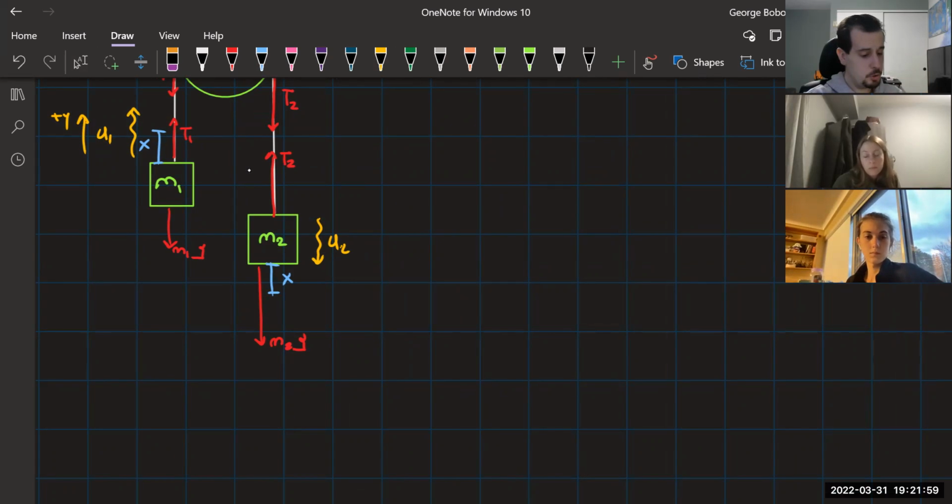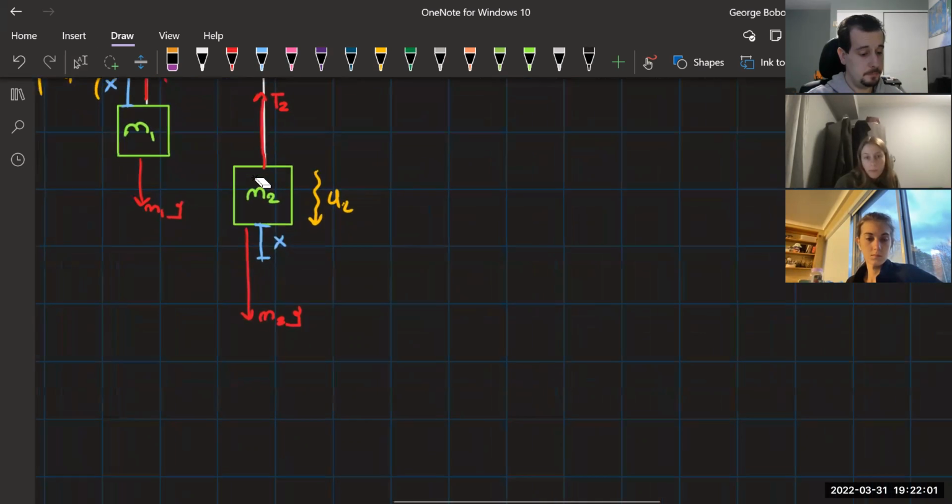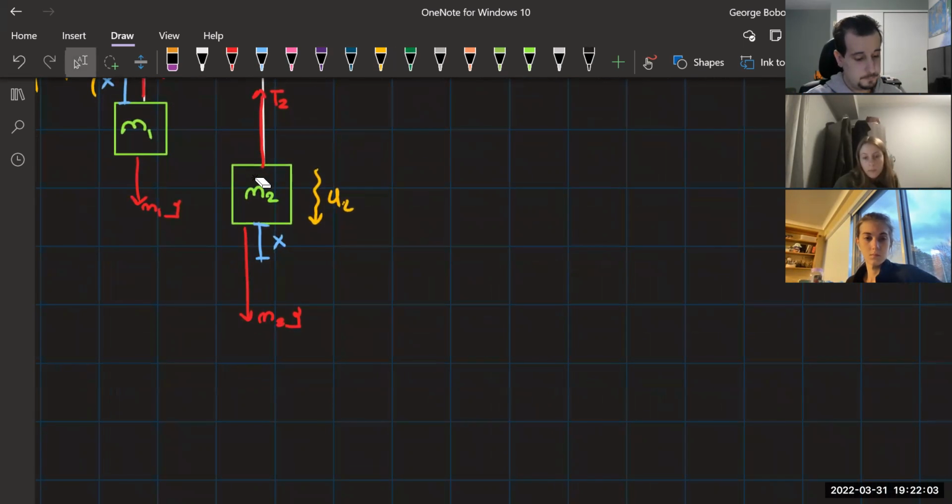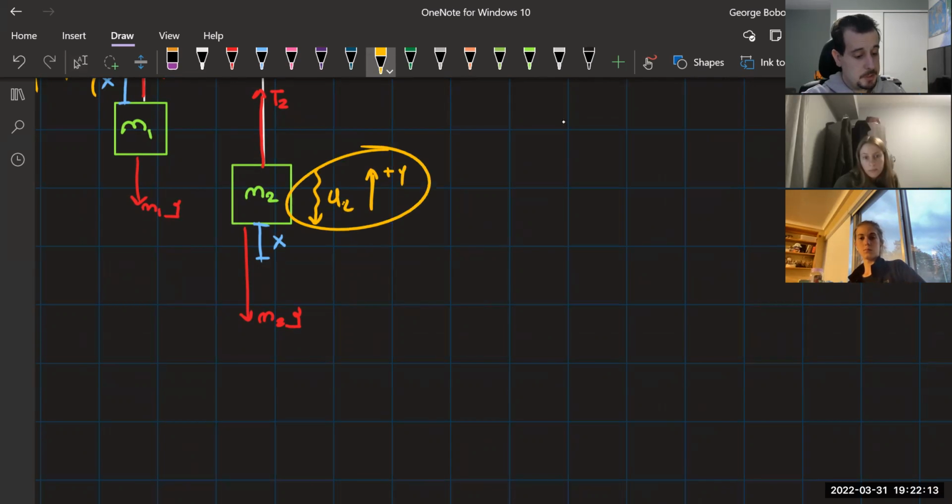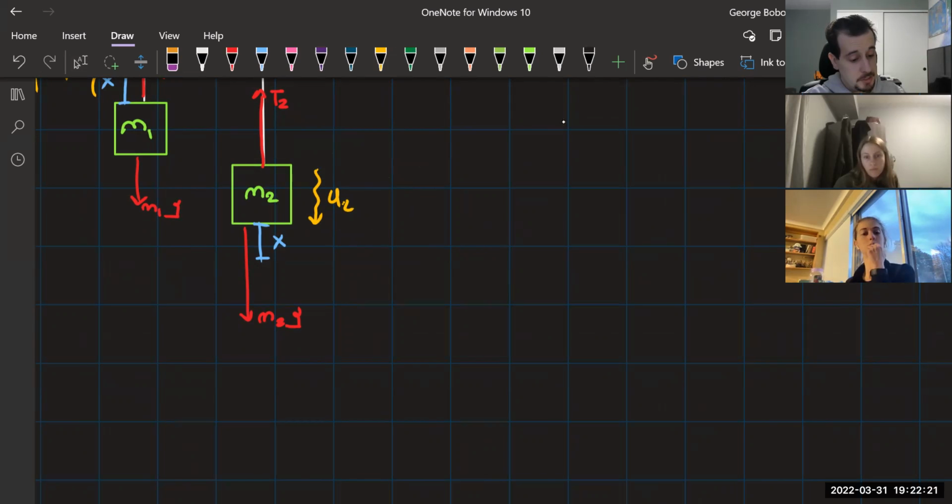Up or down? Where should we take the positive to be? Okay, if you take it up right now, you're going against the acceleration. And we have a rule where wherever I see the acceleration point, that's where I take the actual positive. There's reasons behind that choice that are a little bit long to explain right now.